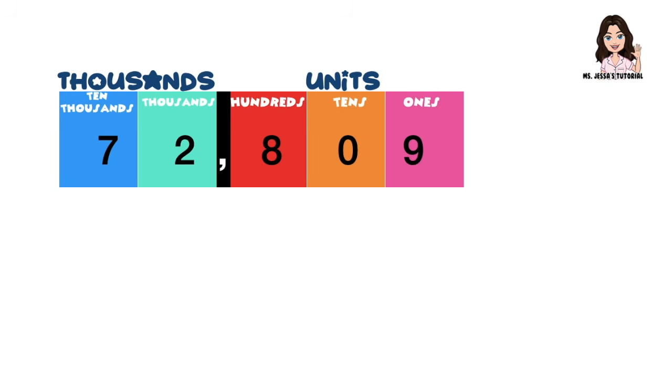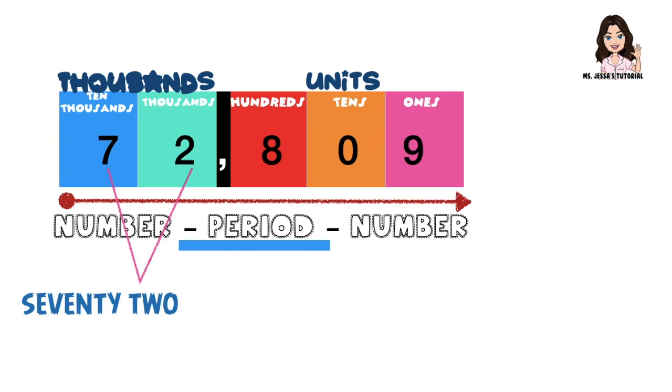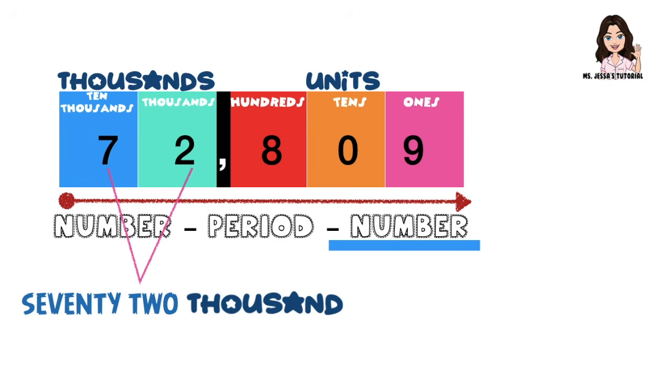Again, in reading numbers, you're going to start from left to right. We will follow this technique: number, period, number. Let's start from the left number. How do you read that? That's correct, 72. Then write the period, thousand. Then proceed to the next number.